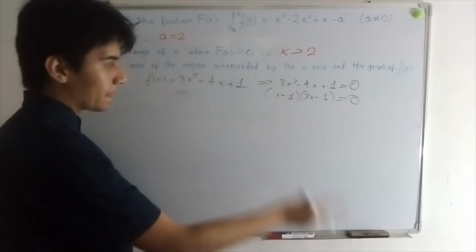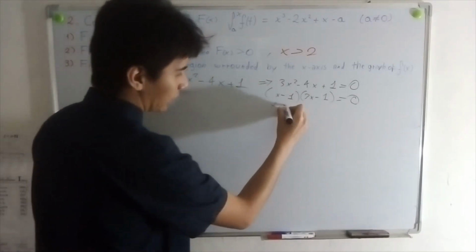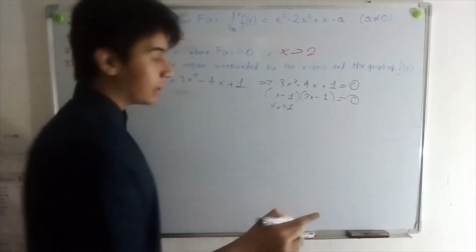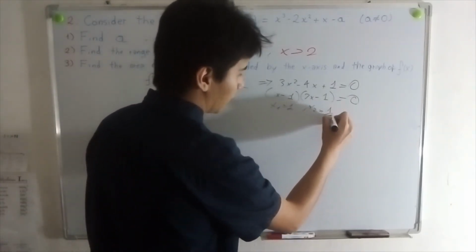The first x is 1, and the other x is equal to 1 divided by 3.